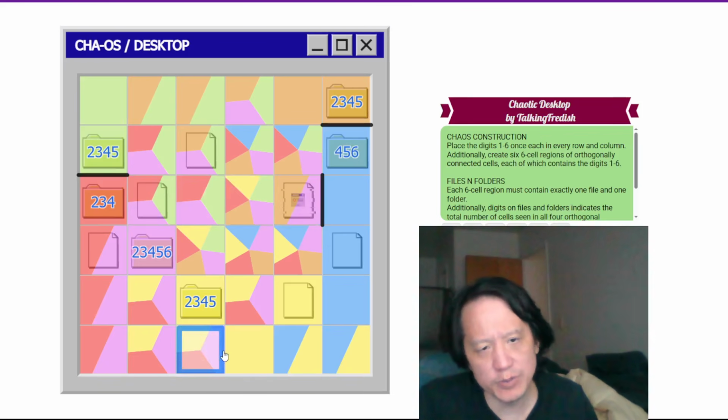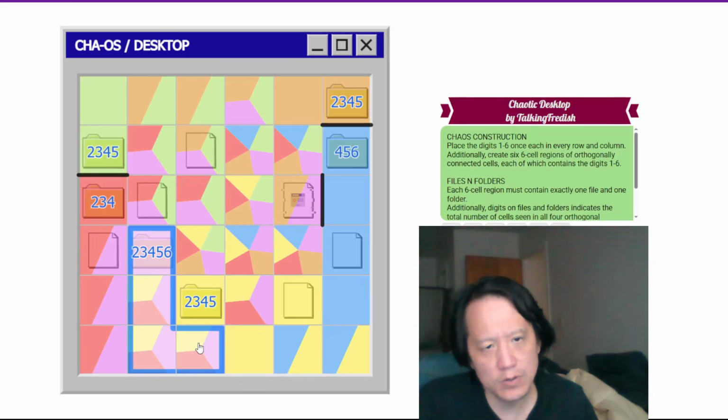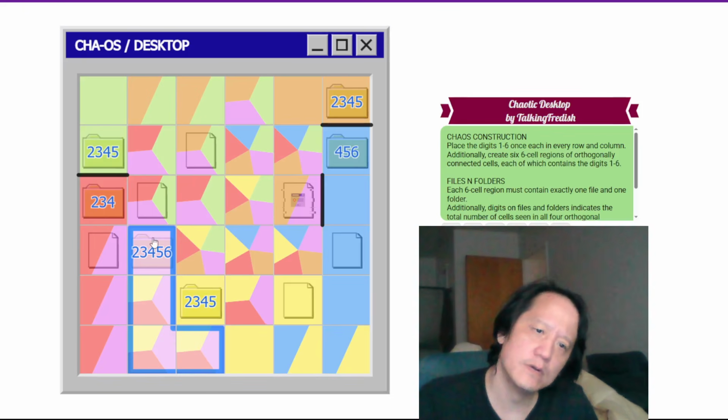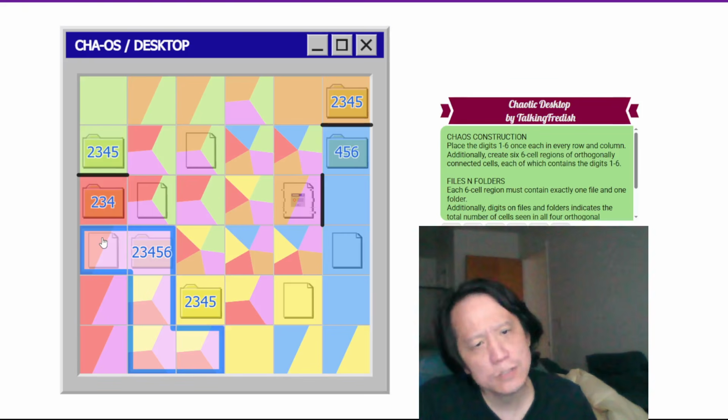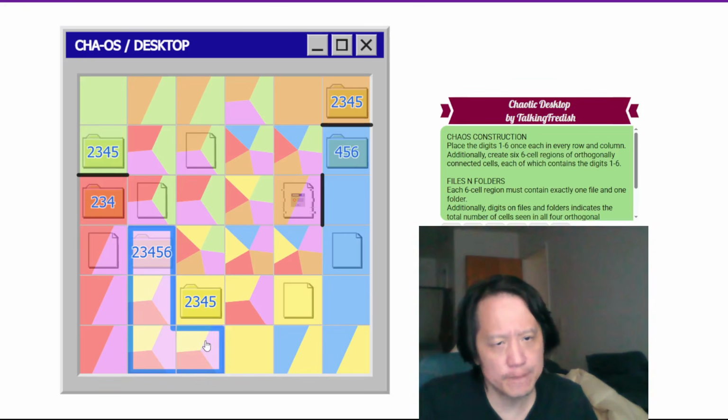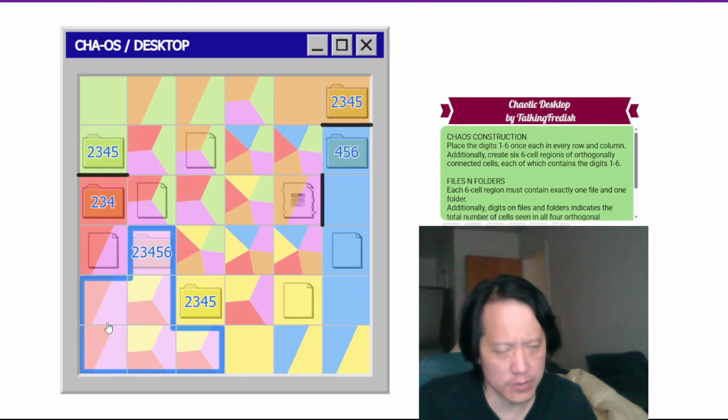Can this actually be pink here? If we have pink go here, we need access to a file. If we go pink here, we can't go pink here.